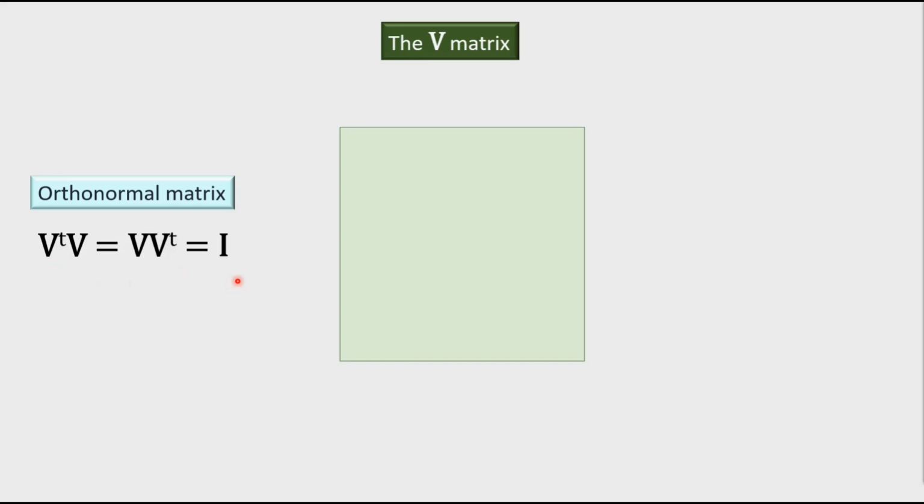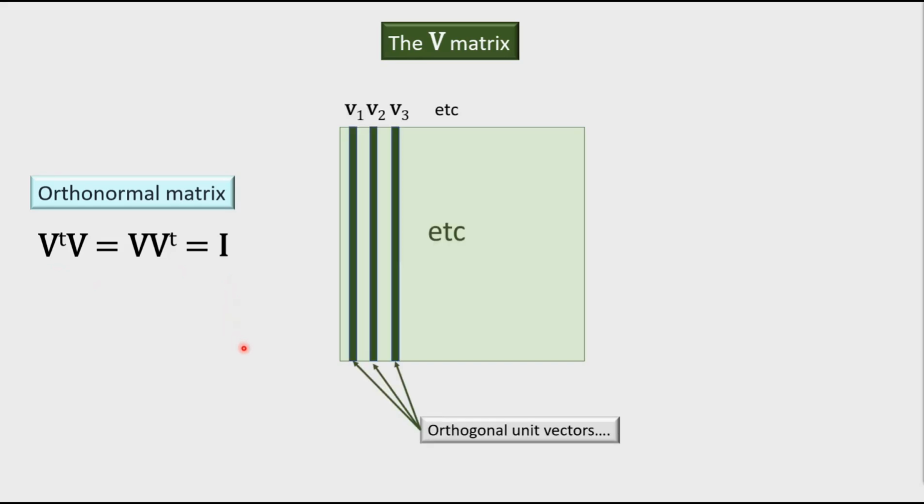Being an orthonormal matrix, the unit vectors which comprise its columns are orthogonal to each other. And orthonormality means that these vectors are indeed unit vectors.